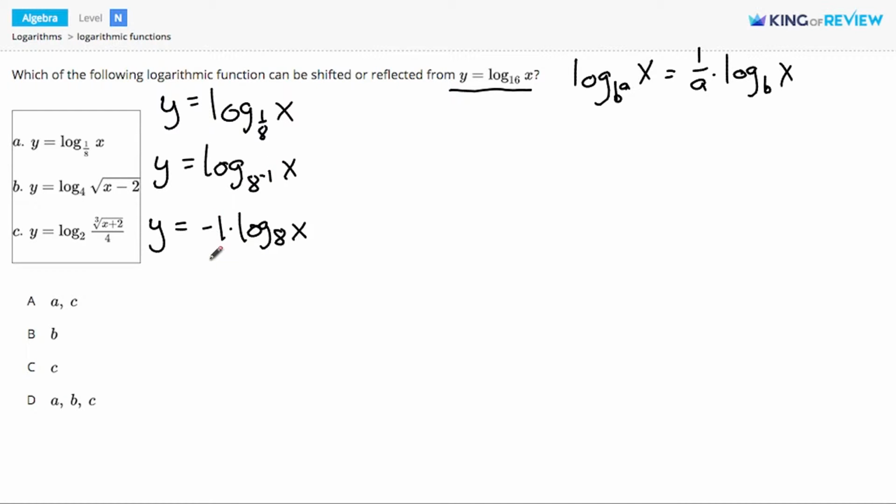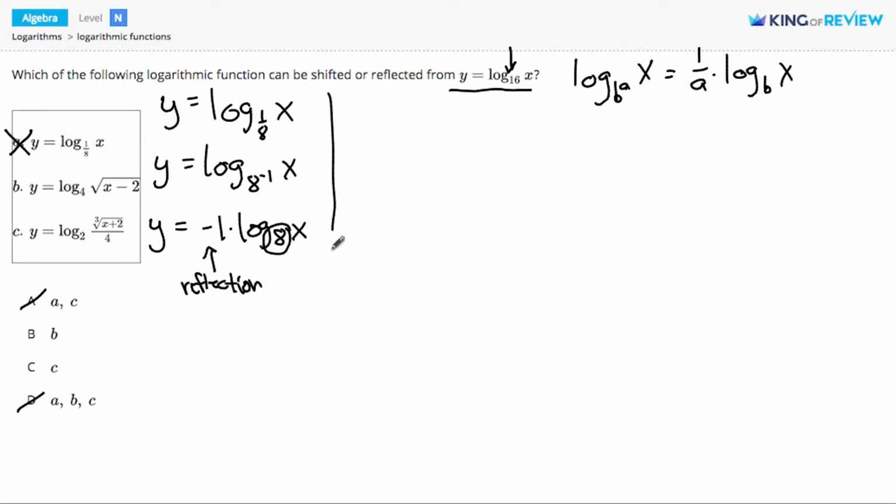Now clearly this function is a reflection, but it's a reflection of y equals log base 8 of x, not y equals log base 16. So A is not a shift or reflection of y equals log base 16 of x, which automatically means that choices A and D are out, since they include option A.